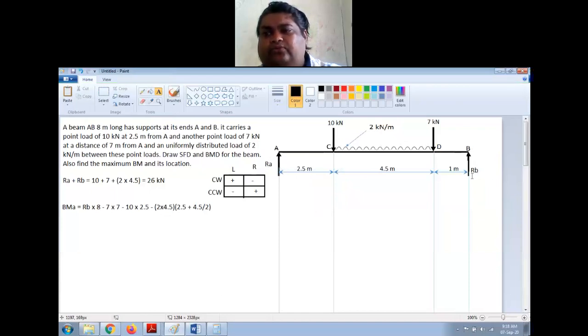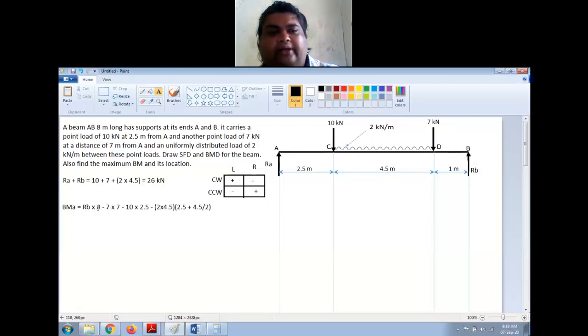RB is the upward force, and because of this it makes a counterclockwise moment. With respect to A, B is on the right side, so right side counterclockwise moment is positive. So RB into the perpendicular distance between B and A, that is 8 meters.